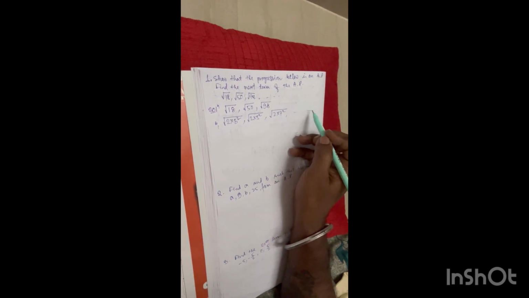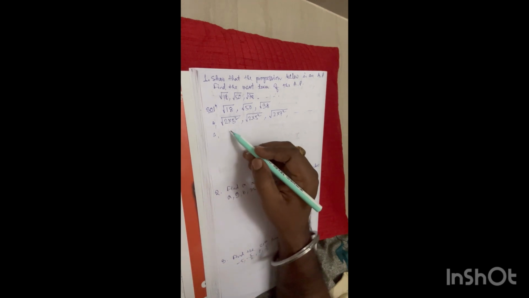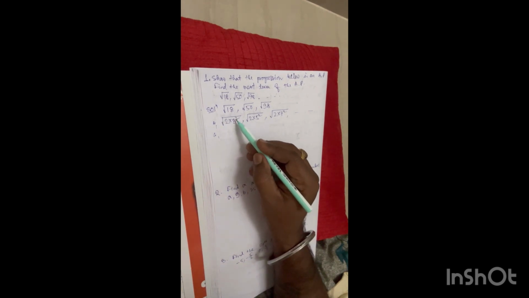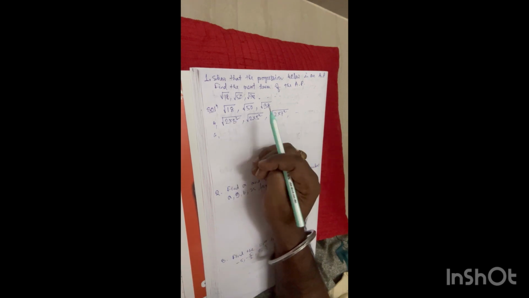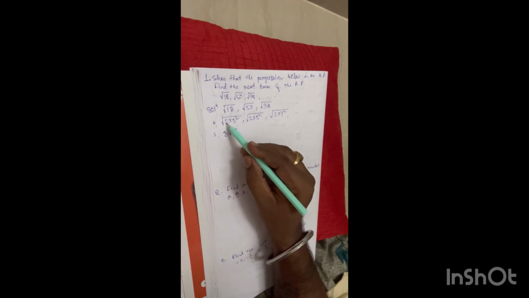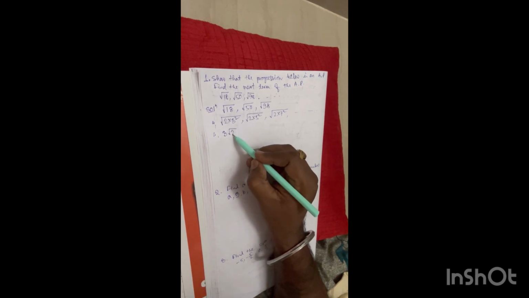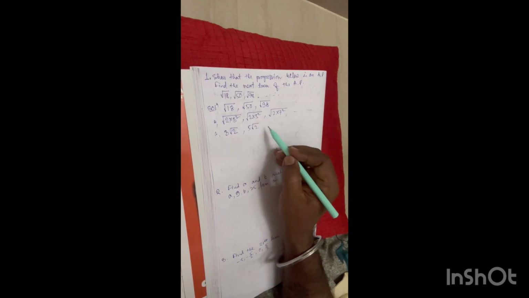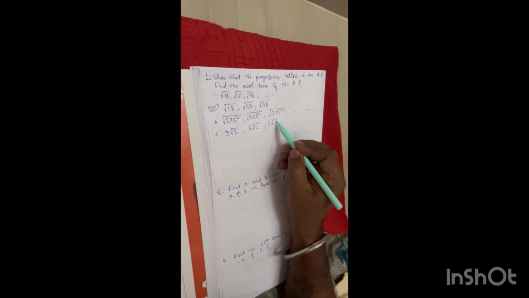Now further, by simplifying, for 3 square if I take the root, that 3 will come out, and because 2 is not in square form, it is not a perfect square, so it will remain inside the root. Similarly, this will be 5 root 2, and this will be 7 root 2.